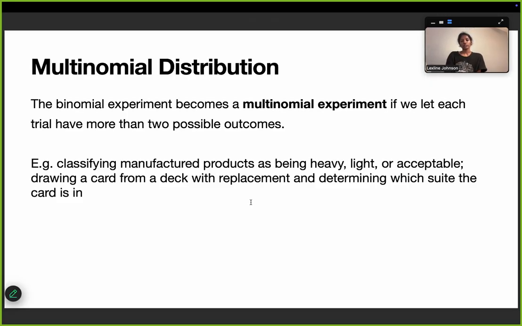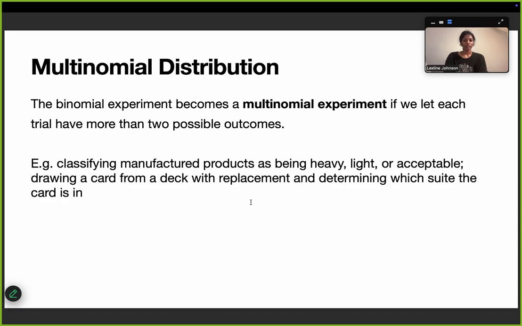So, multinomial distributions. A binomial experiment becomes a multinomial experiment if we let each trial have more than 2 possible outcomes. So say if instead of flipping a coin, we roll a die, we have 6 possible outcomes. We could manufacture products and classify them as being heavy, light, or acceptable.